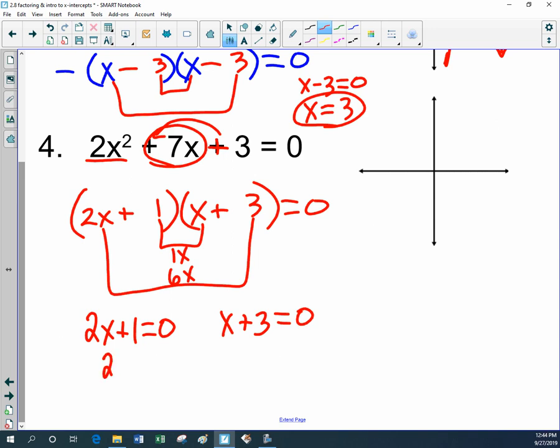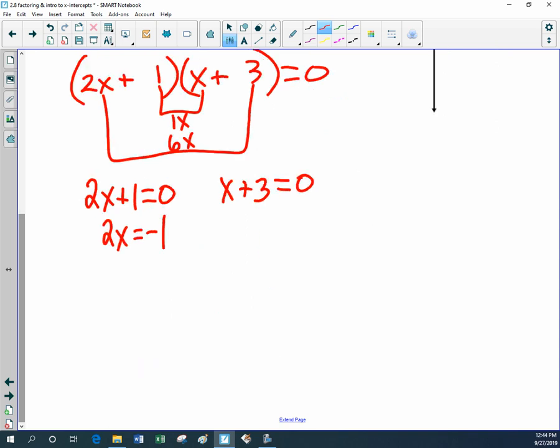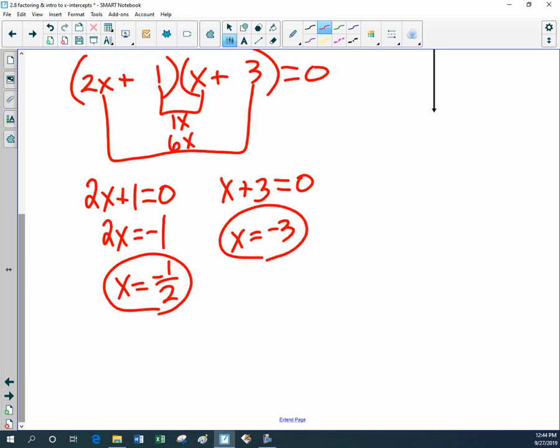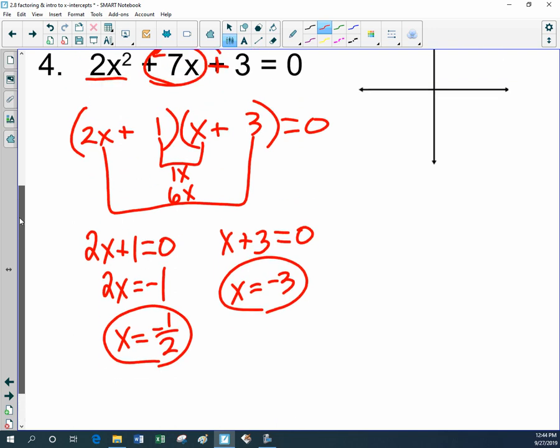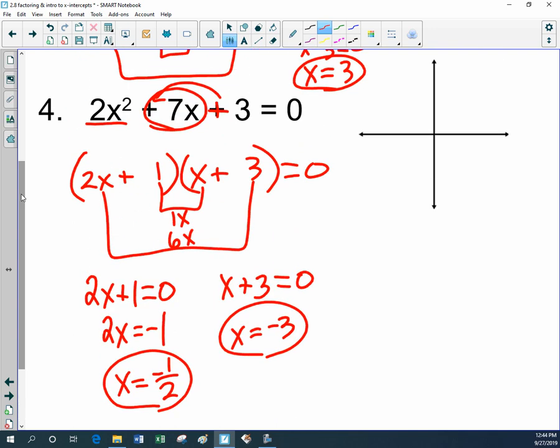So we get 2x equals negative 1. What would x equal? So x would equal negative 1 half. And then this would be x equals negative 3. So negative 1/2. So let's go up to our graph up here. So we have negative 1/2 and negative 3. So negative 1/2 would be right here. Negative 3 would be right here. Okay, does this graph open up or down?